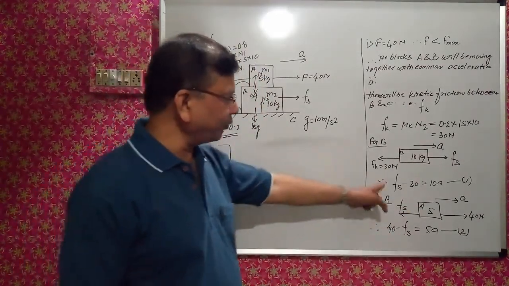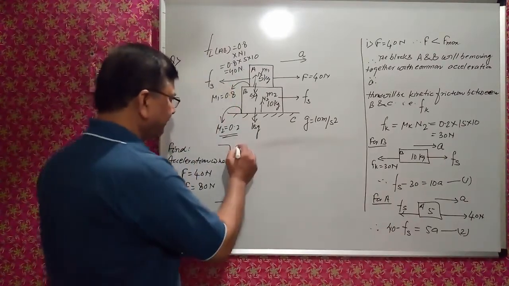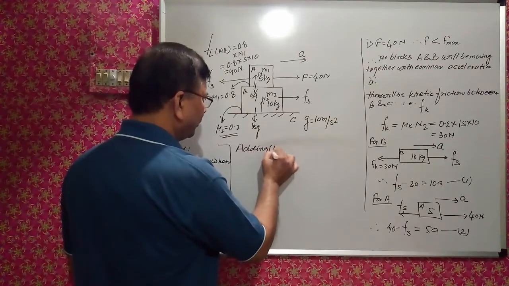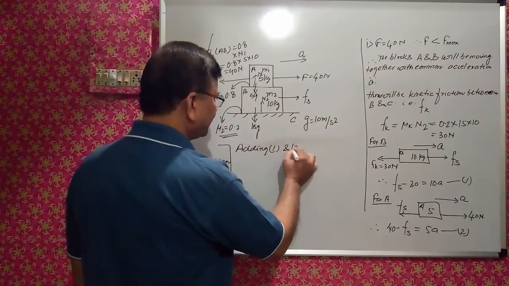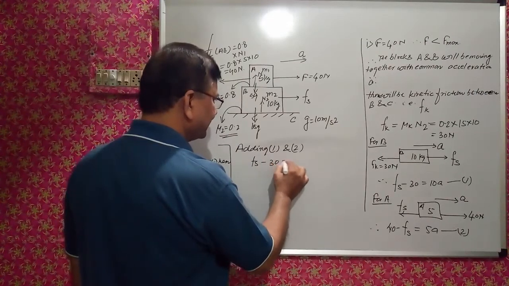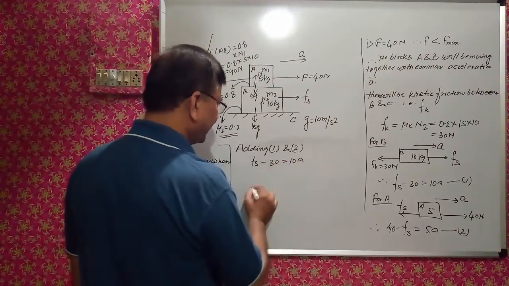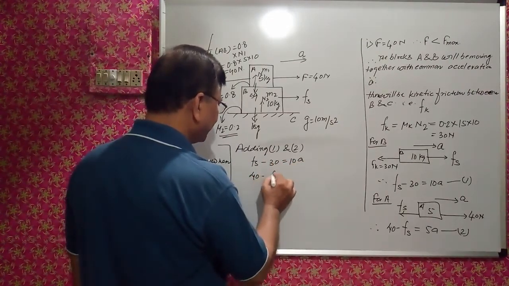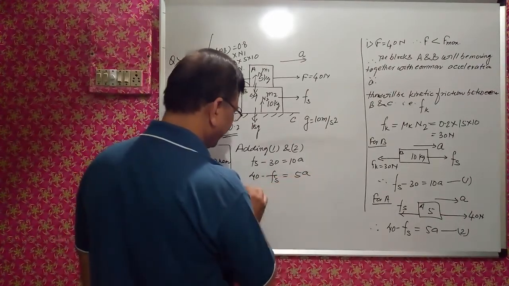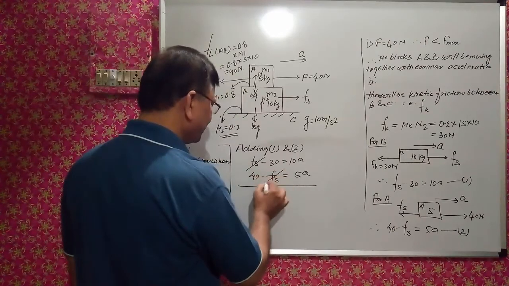We will add 1 and 2. So I will write adding 1 and 2. That is Fs minus 30 is equal to 10A, and 40 minus Fs is equal to 5A. If we add these two, Fs will go.